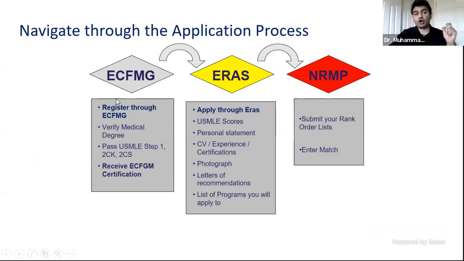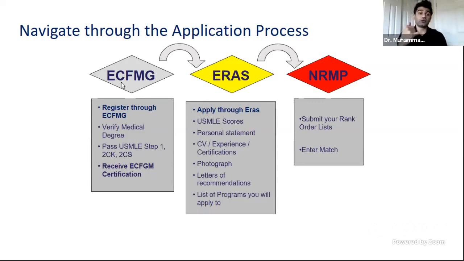There is an organization called the Educational Commission for Foreign Medical Graduates, ECFMG. You register with ECFMG, and they will verify your documents, verify your identity, and verify with your medical school that yes, you are a medical student there, or you were a medical student and now you're done, a graduate.